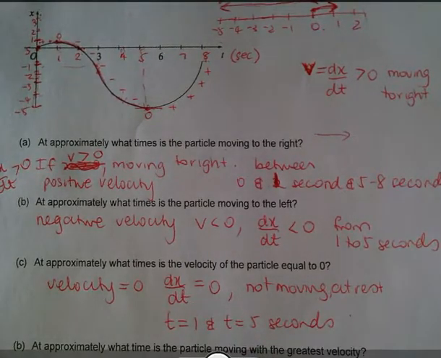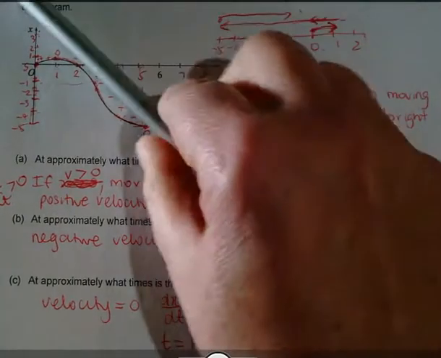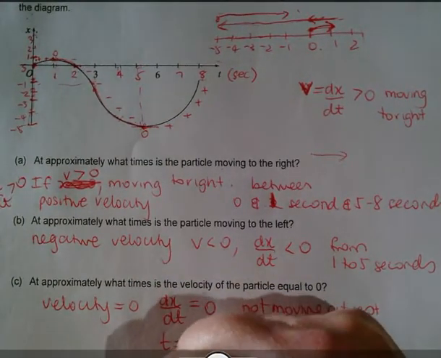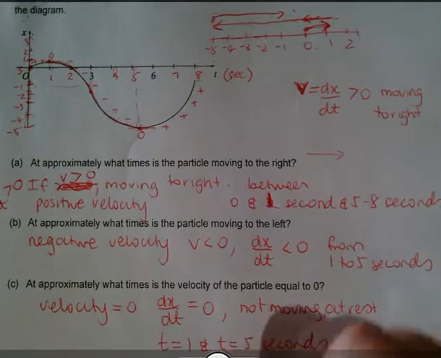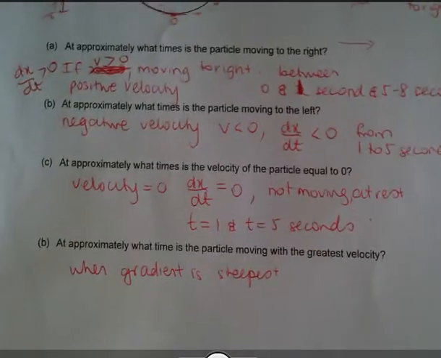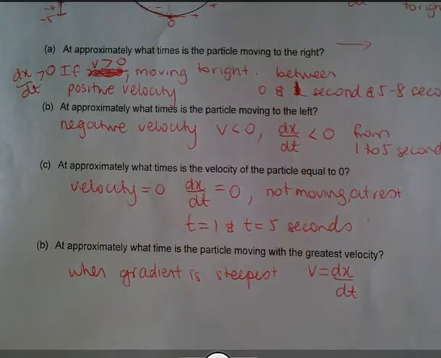And it also says, at approximately what time is the particle moving with the greatest velocity? Now, as we said on the page before, when the curve gets really, really steep, that's when the gradient is the largest value. That's when you are moving with the greatest velocity, because remember, velocity is the gradient of the curve. So wherever you've got the biggest gradient, it doesn't have to be in the positive direction.